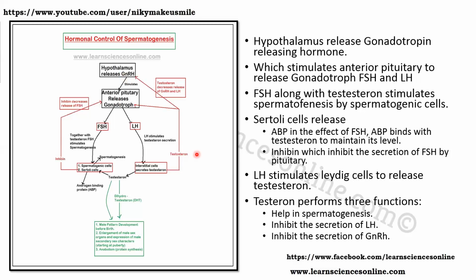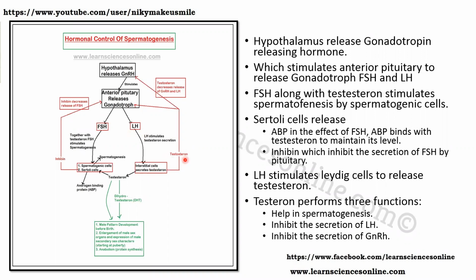Testosterone has a negative effect on the anterior pituitary, and it stops the release of LH. So the LH, which is stimulating the release of testosterone, is itself inhibited by this testosterone.